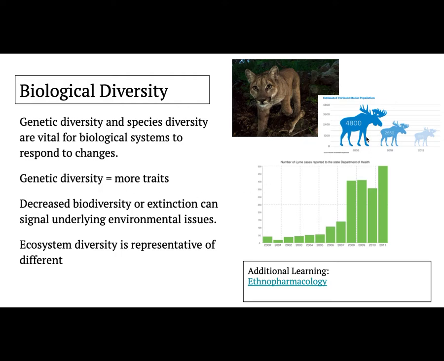Similarly, now the moose population in Vermont is experiencing a huge decline due to climate change and increased tick density, which is having really big repercussions on their ability to survive and reproduce. And we can even see this within humans in terms of the average number of Lyme disease cases reported in the state of Vermont over time. All of these different problems are the result of some ecosystem crisis or degradation.